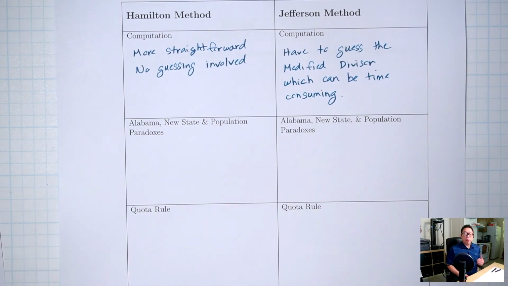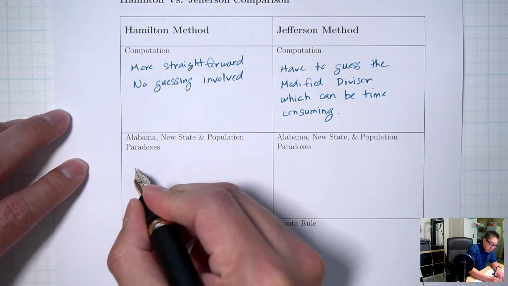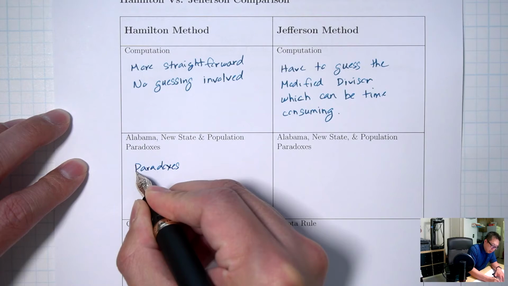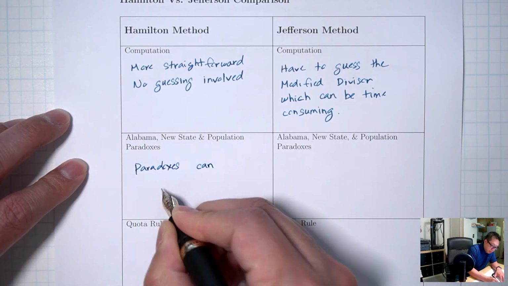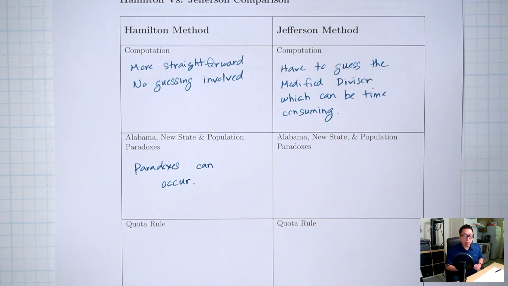In terms of the paradoxes, the Alabama, the new state, and the population paradoxes, those are only issues with the Hamilton method. So in the Hamilton method, the paradoxes could occur. These were situations where we added a representative, a new state was added, or the population changes. And in those situations, one of the states ends up losing their representative in a really unexpected way.